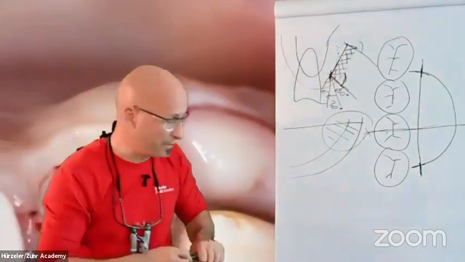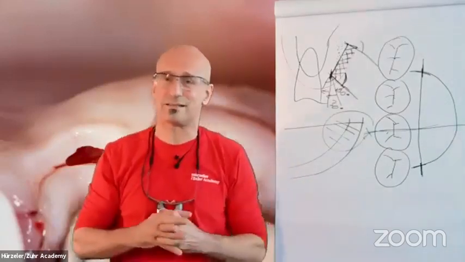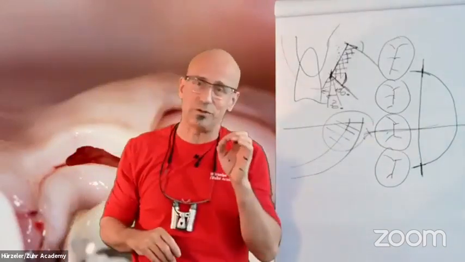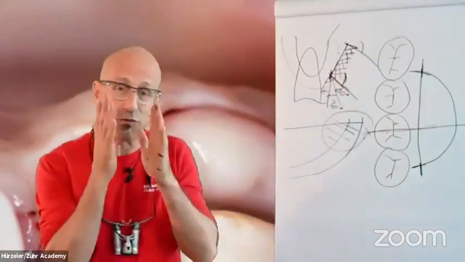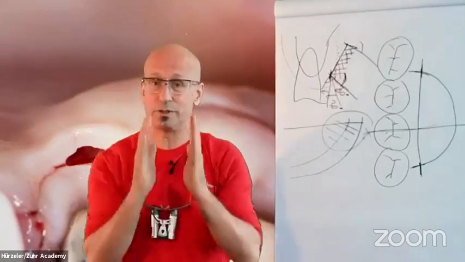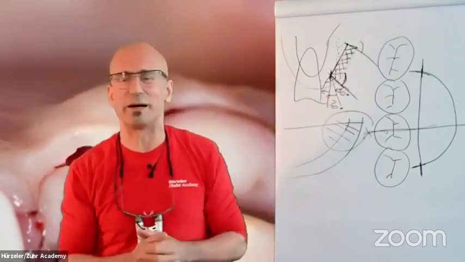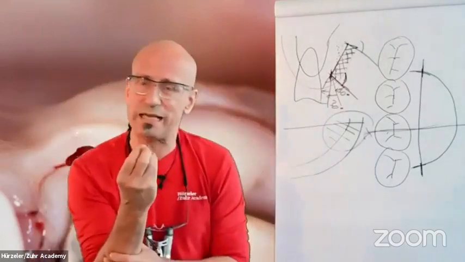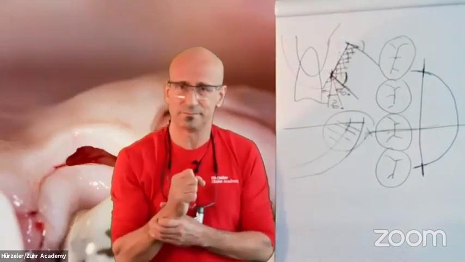And now, how can we do that? Before we go now to the exercise, I tell you how you can make sure that your flap has an equal thickness from the top to the base. Very simple, not so simple, but there are some things we can use to achieve that very predictably.